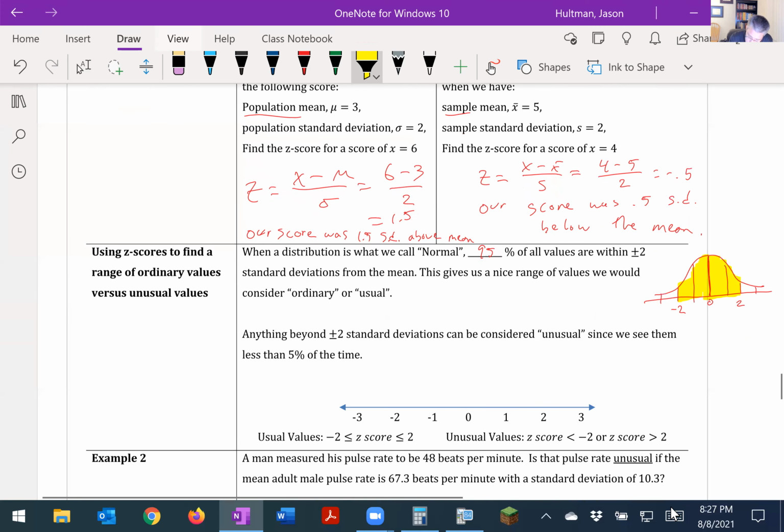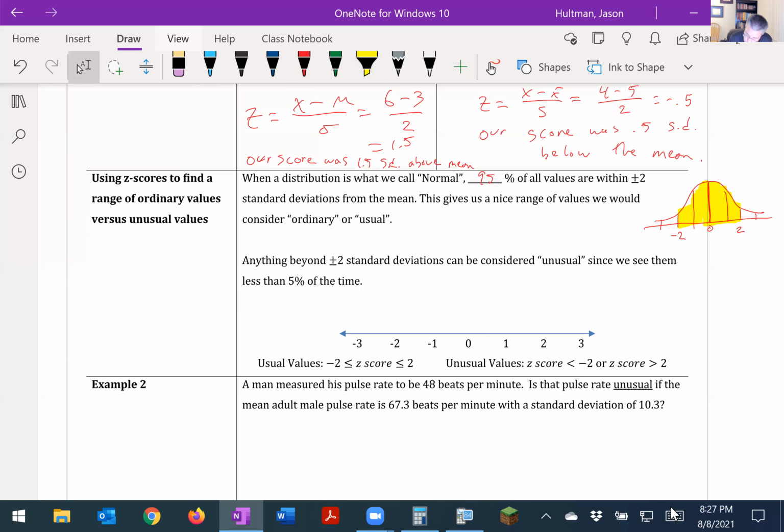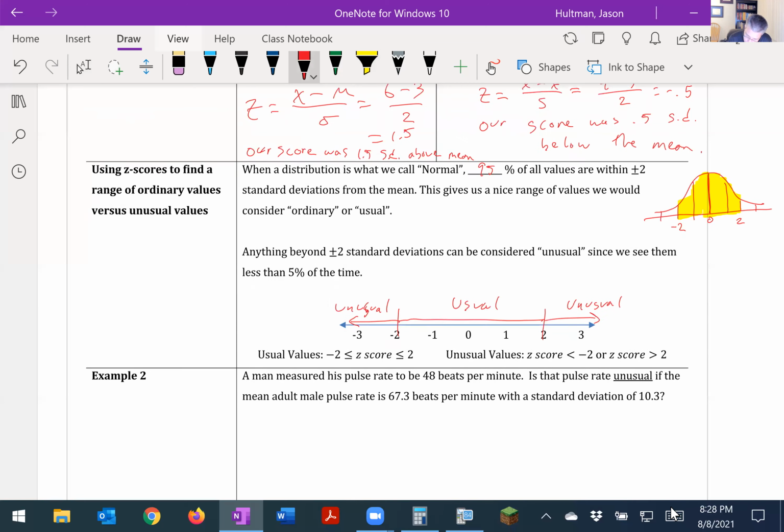Anything beyond 2 standard deviations would be considered unusual, since we see them less than 5% of the time. Okay. So these are going to be our usual values. And anything beyond 2 or below -2 is unusual.